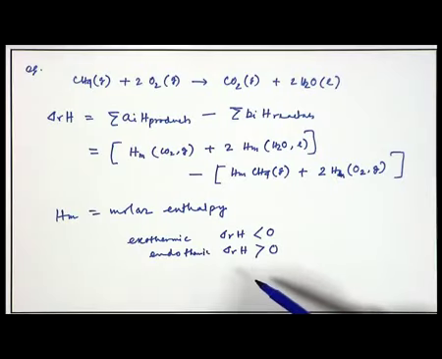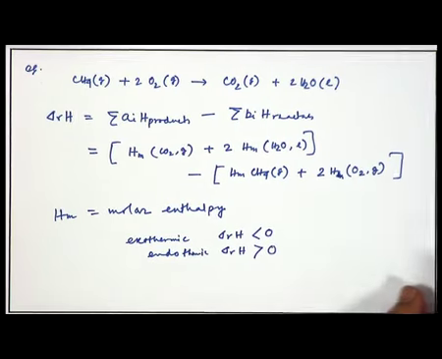Especially on a large scale, you must have an idea of the amount of delta H in this reaction, so that you can accordingly design your machinery or equipment to handle the heat that is coming out. It is also important if you want to know the temperature dependence of the equilibrium constant. So, it is very important.